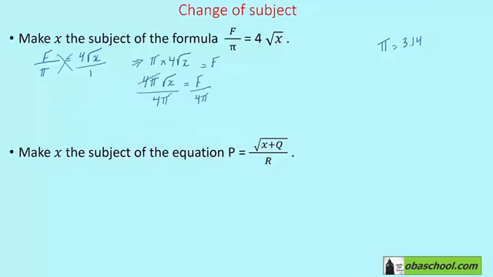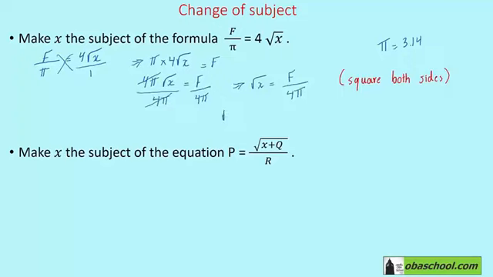And now, after we've got rid of it, the equation is going to be radical x equal to f over 4 pi. Now, let's get rid of the radical that is on top of the x, and that is done by squaring both sides. Once you square both sides, you can get rid of the square root.